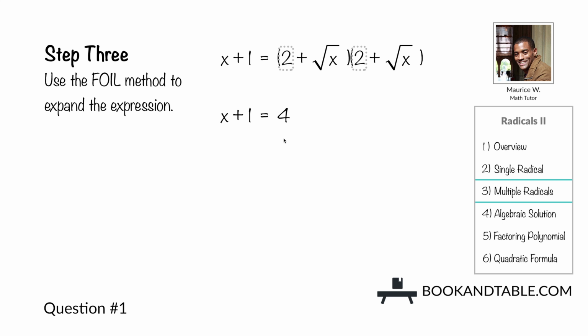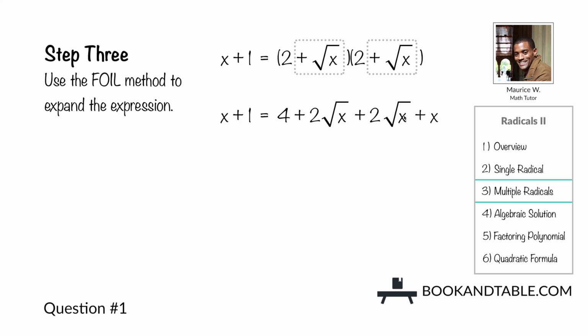So once we start to expand the expression, we start with 2 times 2, which would leave us with 4. Then we do 2 times radical x, which gives you 2 radical x. Radical x times 2 gives you 2 radical x. And radical x times radical x leaves you with x. Now 2 radical x and 2 radical x can be combined since they are like terms.